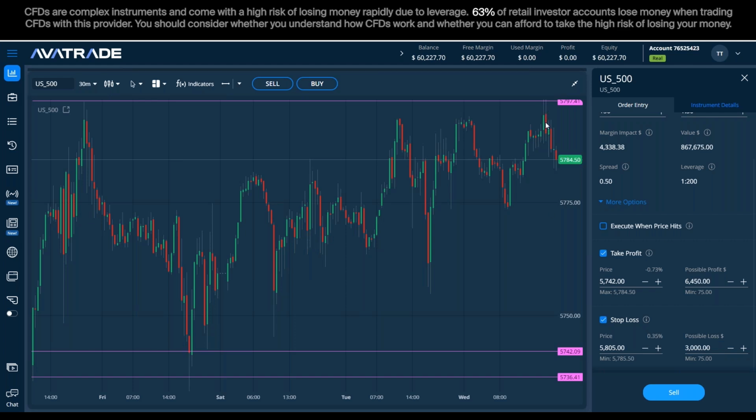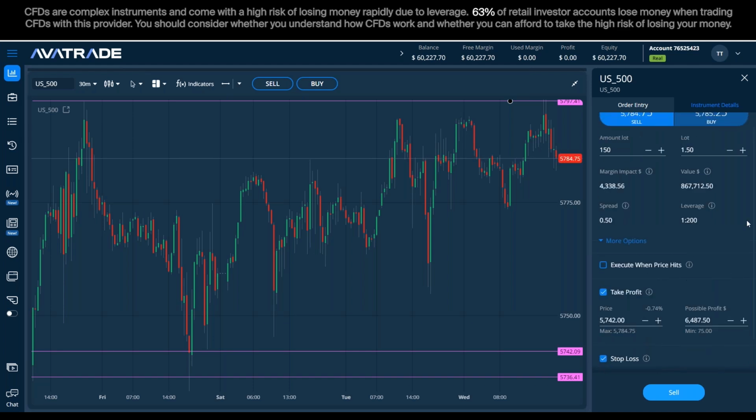We've got a nice little move here down from the resistance level up here. So we can say, this is the technical analysis I want, with my take profit at this price and my stop loss above the all-time high where we put it. So now I'm all set with the technicals in terms of where I would exit with my take profit and stop loss. Now I need to adjust the trade size for my risk management, right?